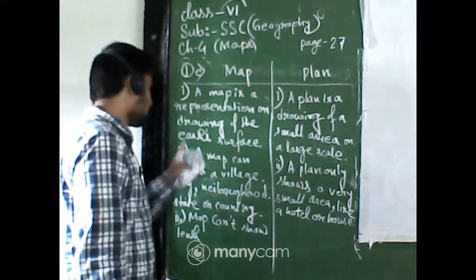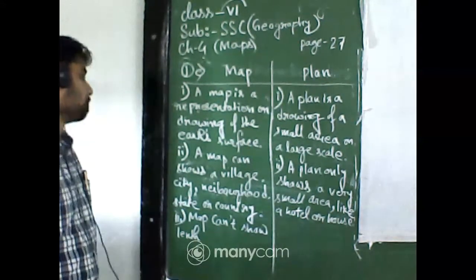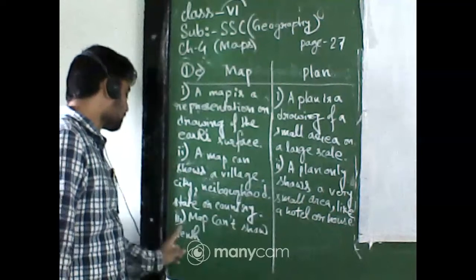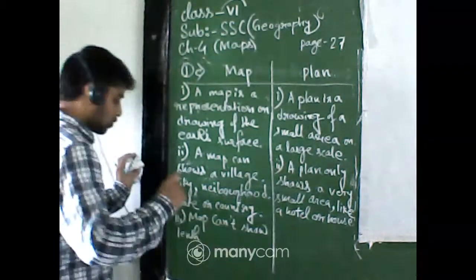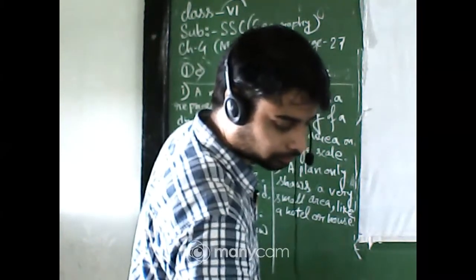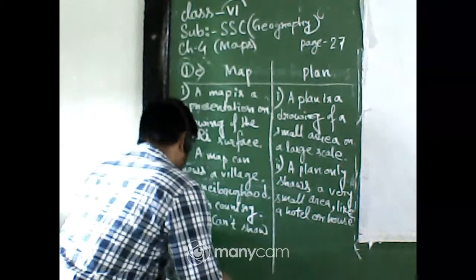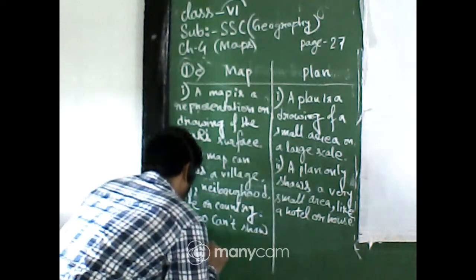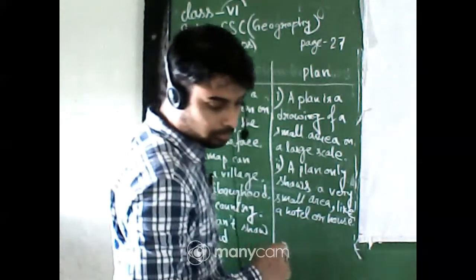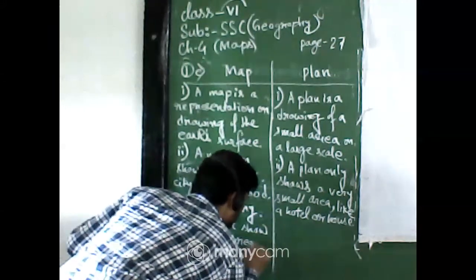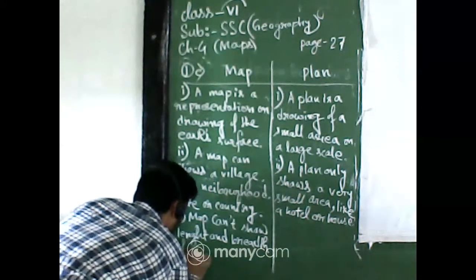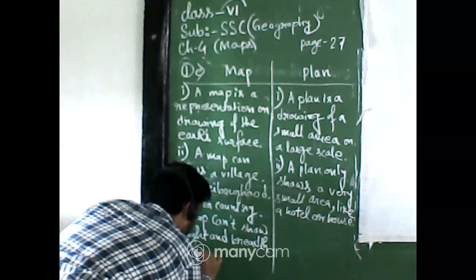But right now I am writing the map column number 1, point number 3, that map cannot show length and breadth of a room.